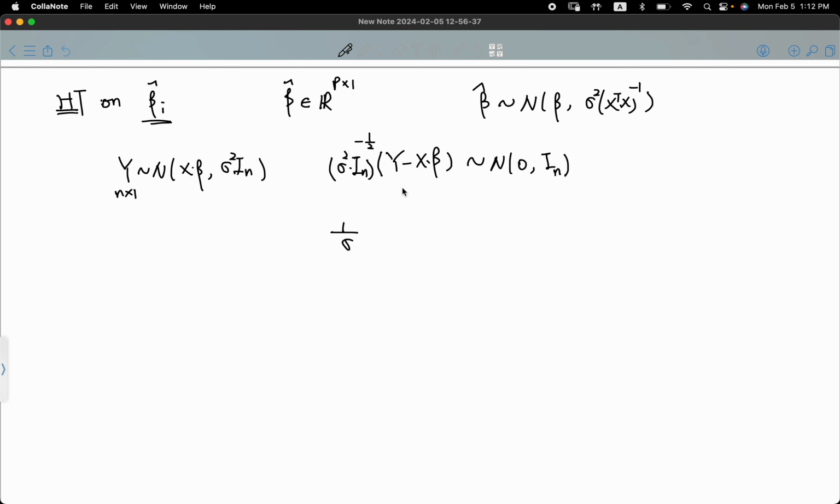So one over sigma, and we have x transpose x to the 1/2. So the inverse and the inverse cancel out, but we still have a power of 1/2 here.